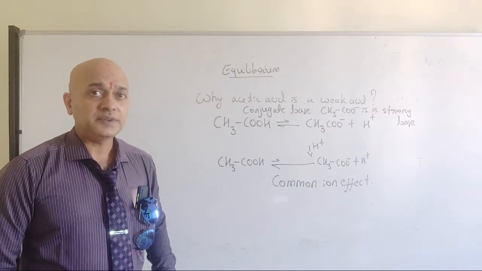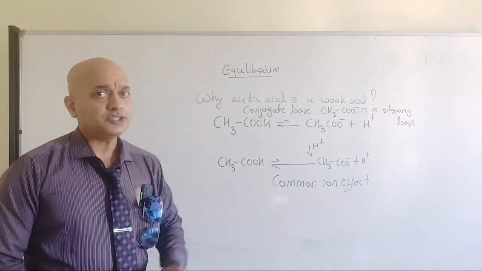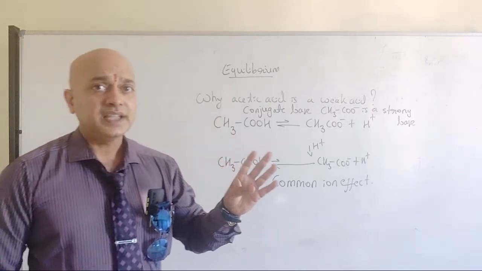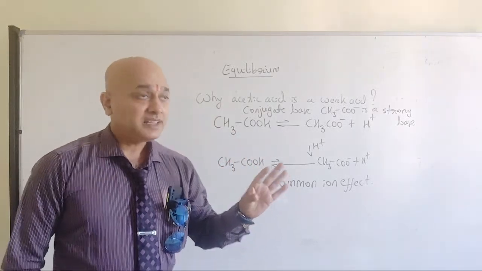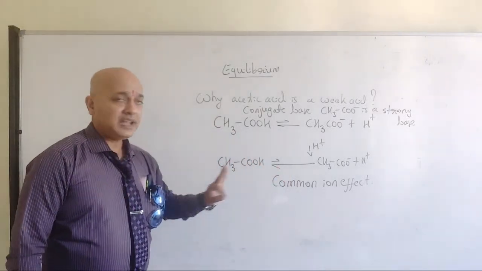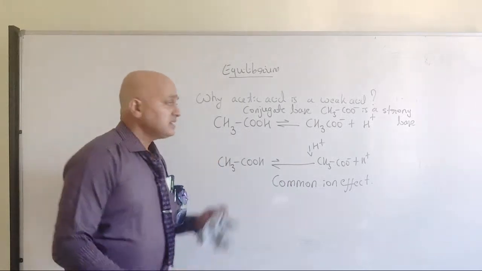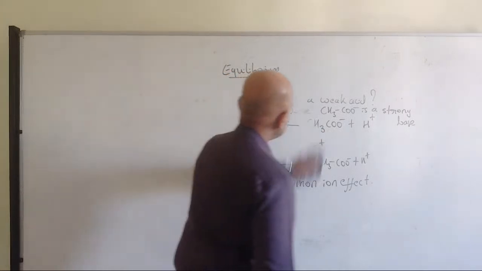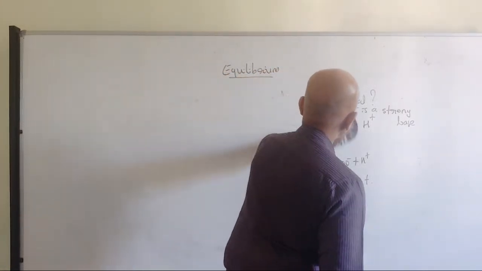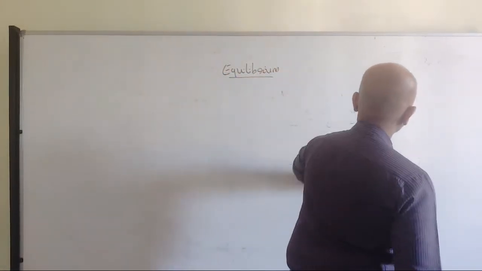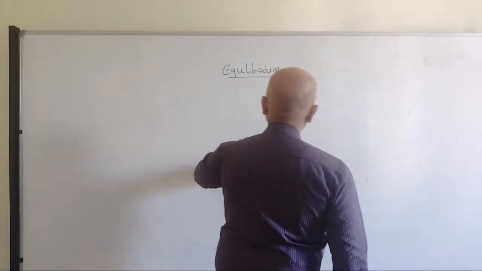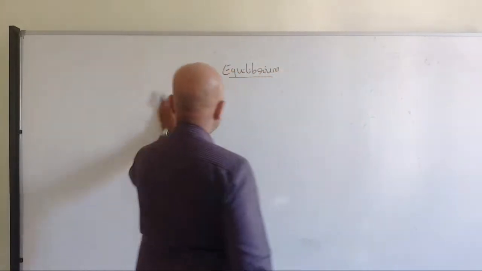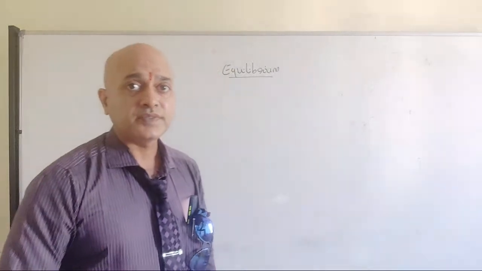No doubts, right? So all of you have understood the conjugate base and its acid concept, and the common ion effect. Okay? In that case, we will move to the next one, that is salts.